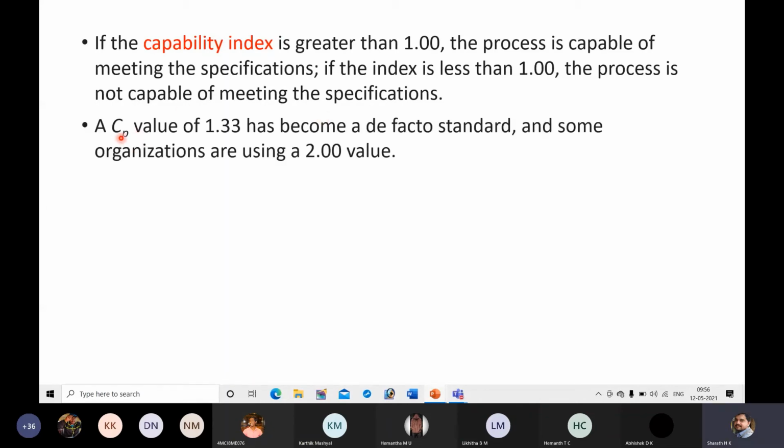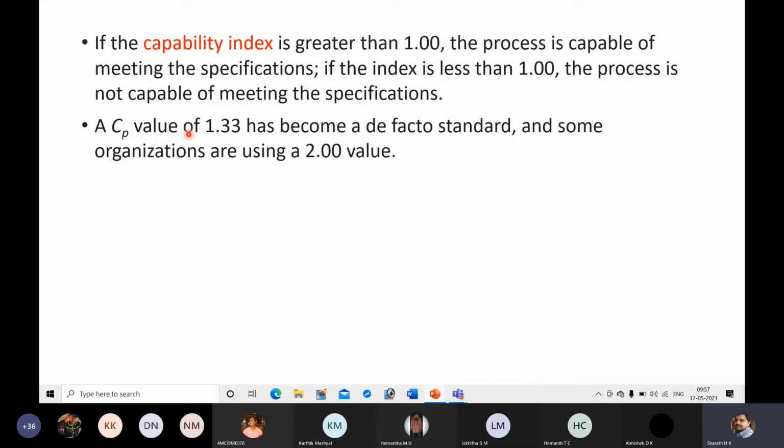A process capability index value Cp of 1.33 has become a default, de facto standard, and some organizations are using a value of 2. So comparatively, the quality standard of these companies will be higher than that of companies considering 1.33 as the capability index.